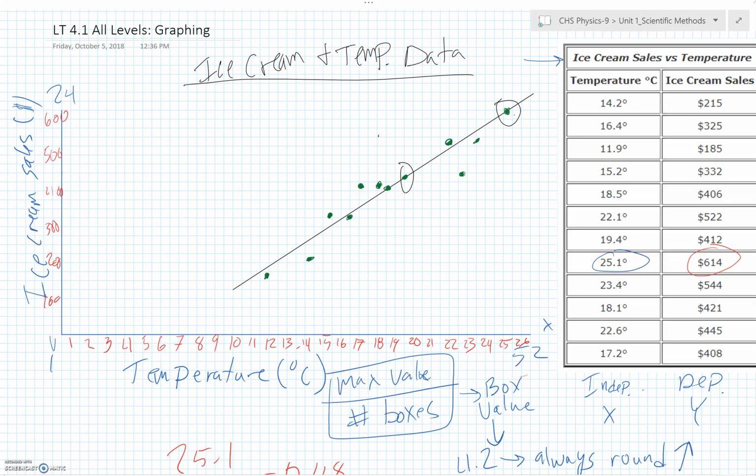Now, we can calculate this by doing rise over run, or by doing y2 minus y1 divided by x2 minus x1. Either of these will work, but there's an issue that we run into with rise over run that we will not run into with this equation. So we'll start with rise over run, and I'll explain what I mean.